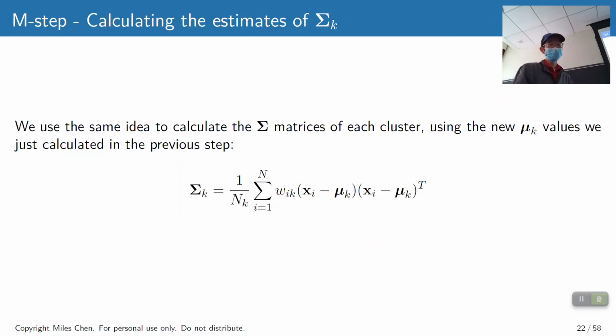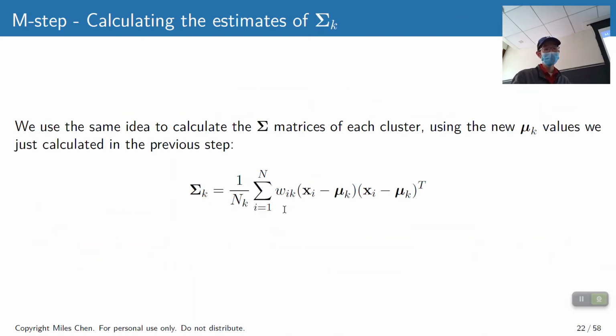And then we estimate the sigma matrix. If we just hide this part, this is just the formula for getting your sample variance, except for sample variance you divide by n minus 1. Basically it's the same thing except we're doing it weighted. We take x minus the mean, mu k, which we calculated in the previous step.